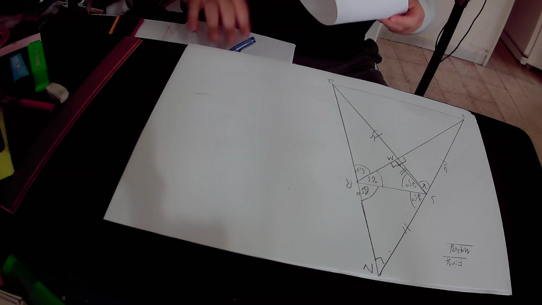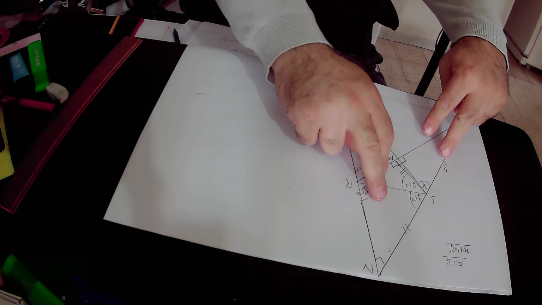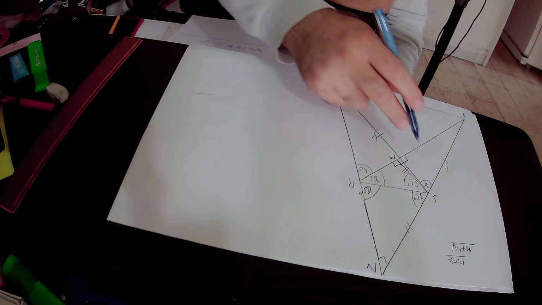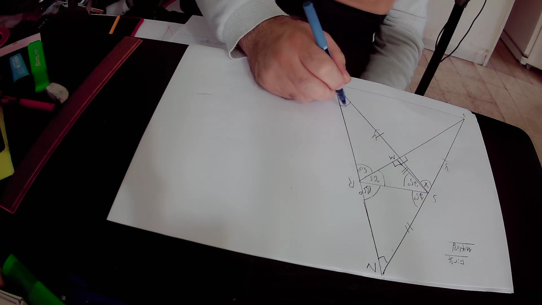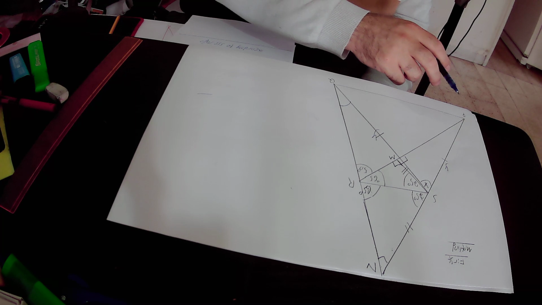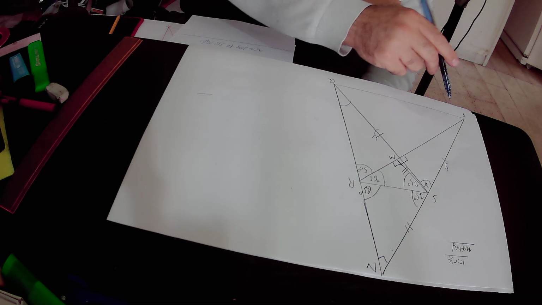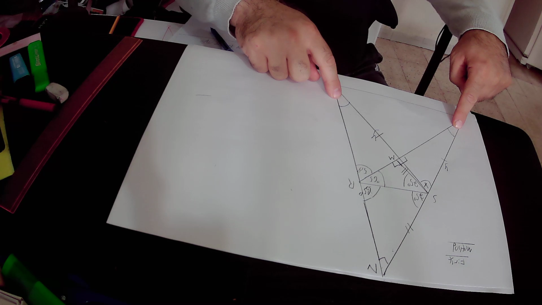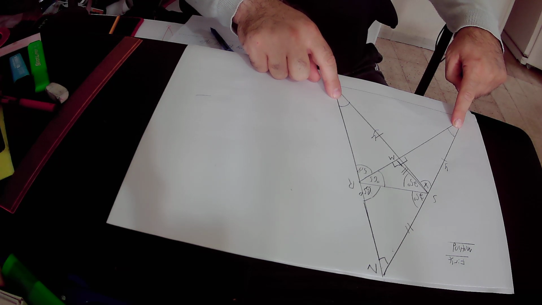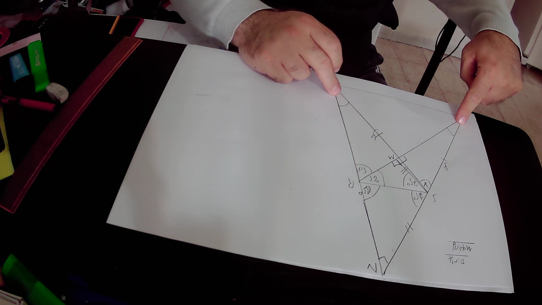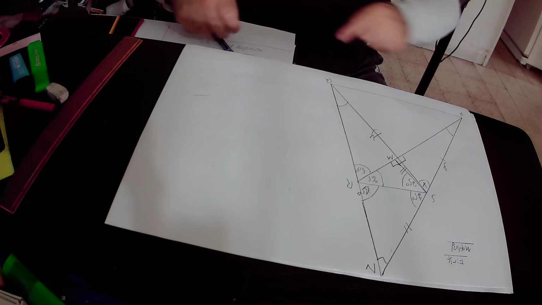Actually, from the fact that those two right triangles are congruent, we can conclude that the corresponding angles are equal to each other, according to the rule that corresponding angles in congruent triangles are equal. So I write it down.